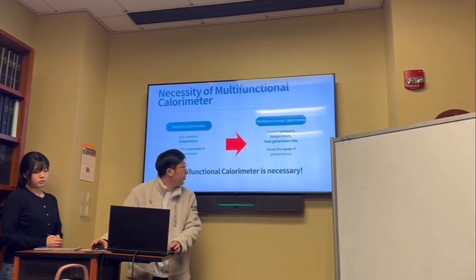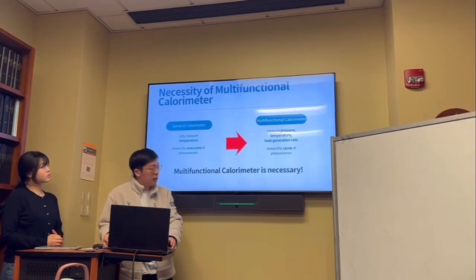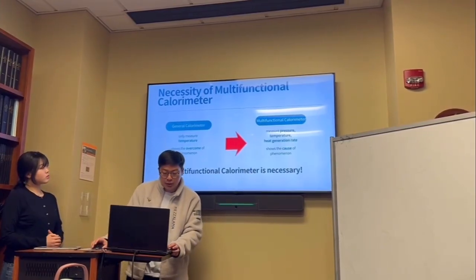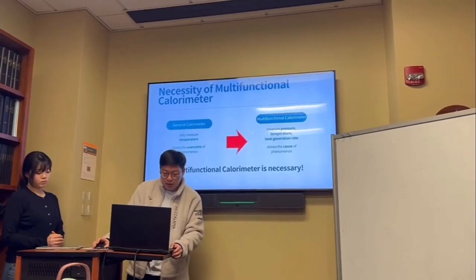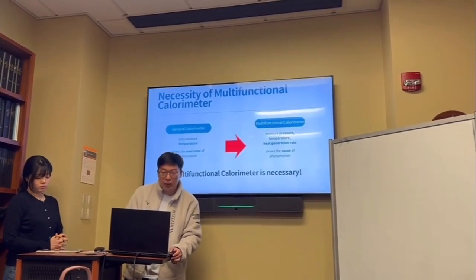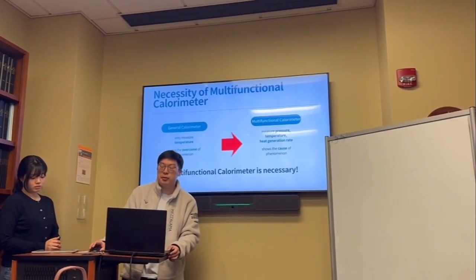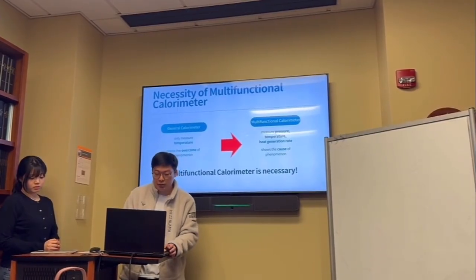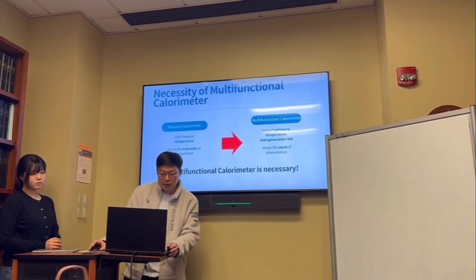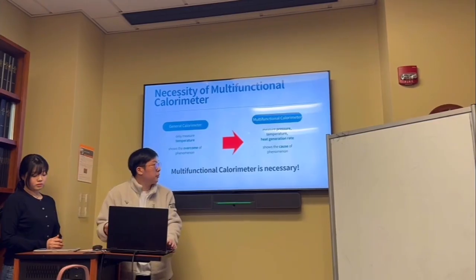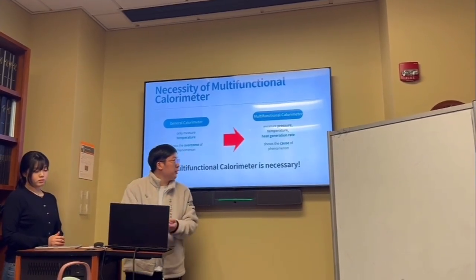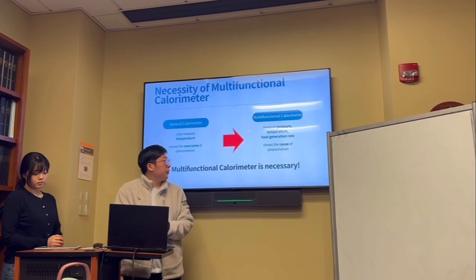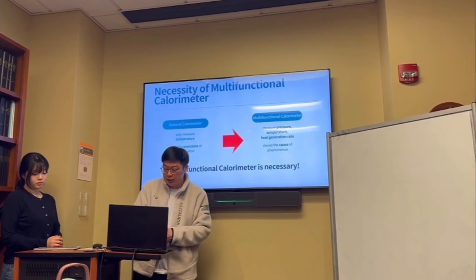A general calorimeter only measures temperature. It shows the outcome of the phenomenon, and we can't clearly explain the thermal degradation. However, a multifunctional calorimeter measures pressure, temperature, and heat generation rate.